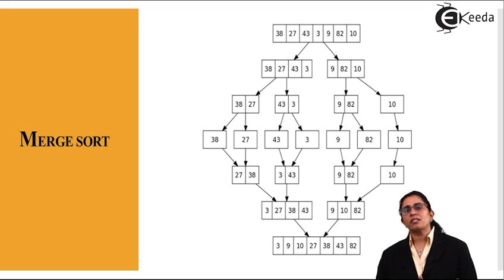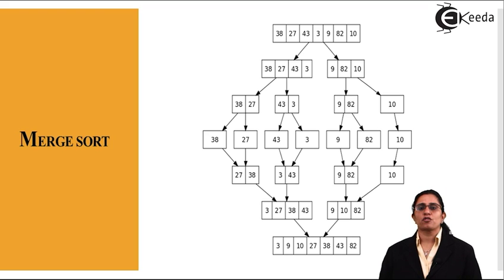And then the last 3 elements are joined together and sorted. So we see that the merge sort uses a simple strategy of divide and conquer with implementing the recursion. So when we reach the last step, the list of elements is sorted.